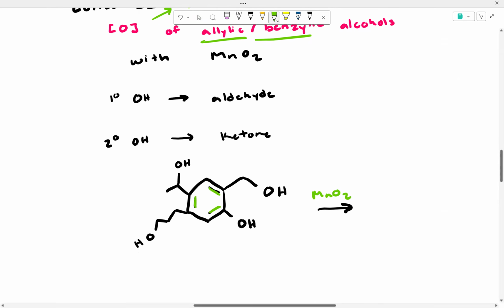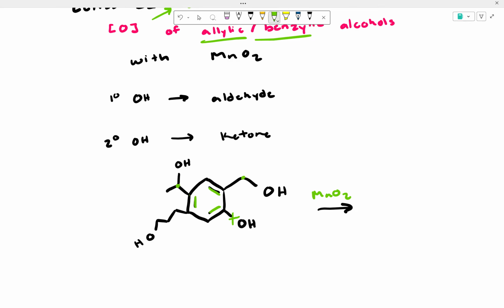For the top left, we can see that there's an allylic carbon here. For the top right, there's an allylic carbon here. On the bottom right, there's no allylic carbon because it's directly substituted.